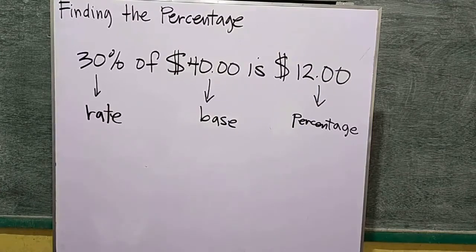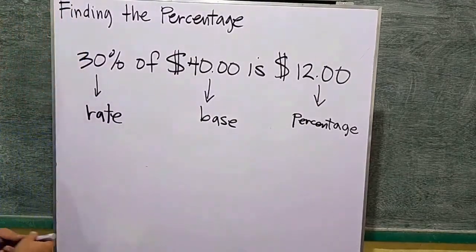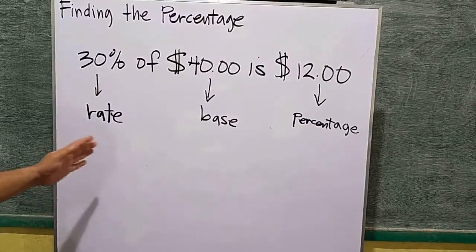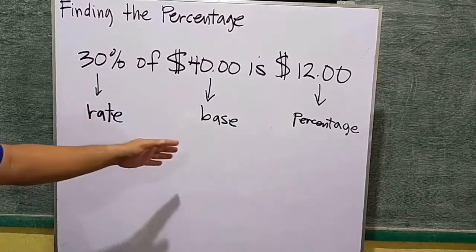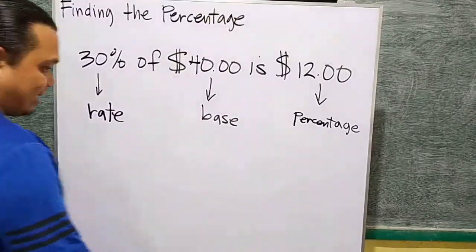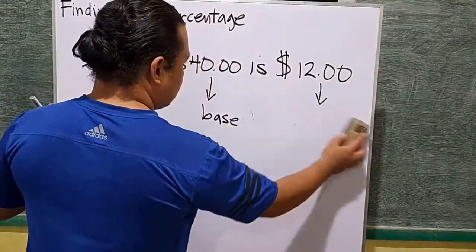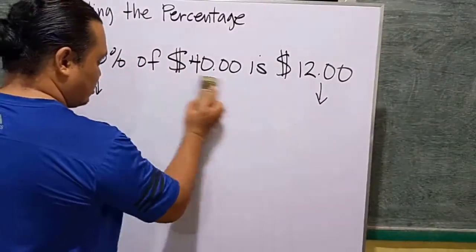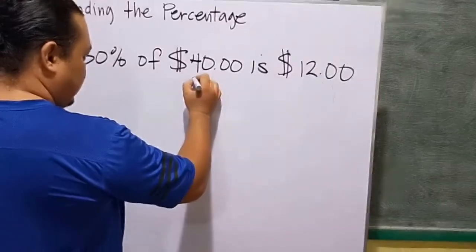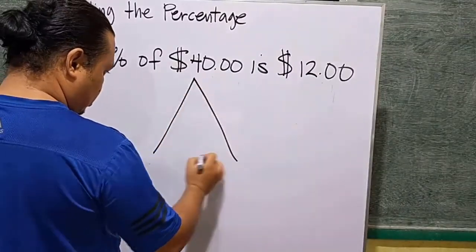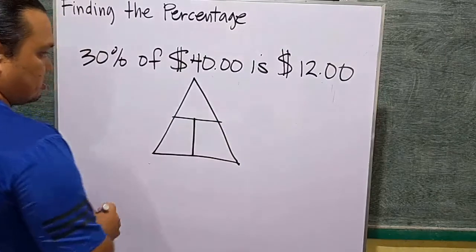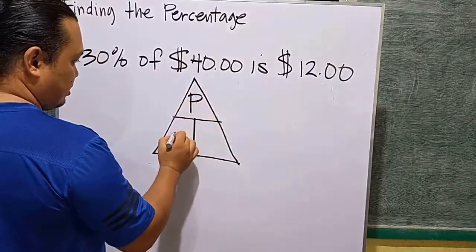We need to remember these three things because in our next lesson we need them to find each other. We need this to find either the rate or the base or the percentage. Now I'm going to introduce to you the Tech-Ans triangle. The triangle is what we need in order to find these three things.